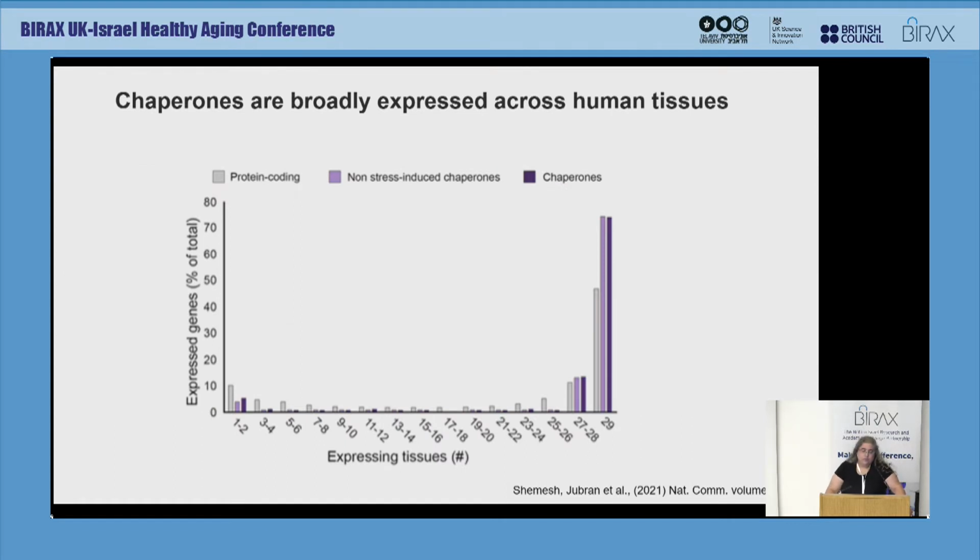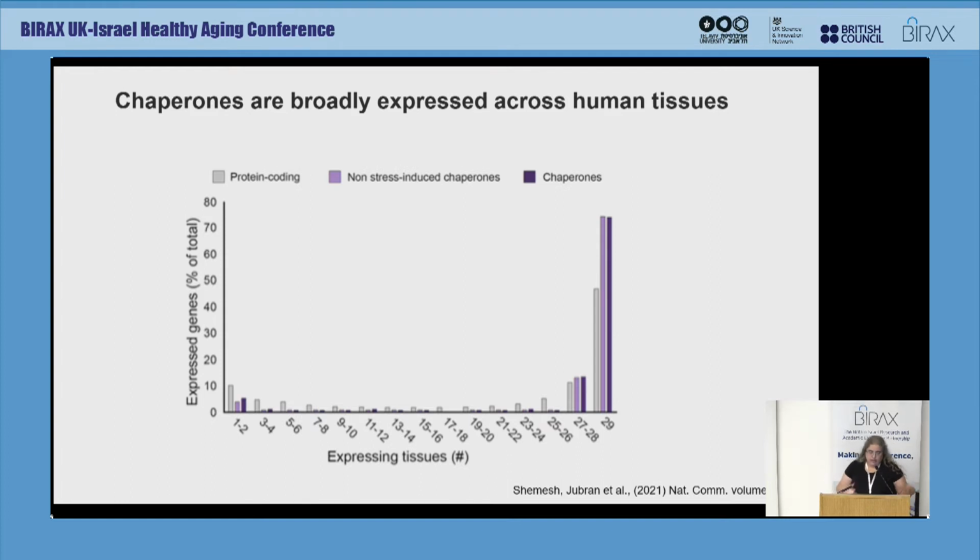So to start with, we asked whether or not the chaperones are expressed in multiple tissues or expressed singularly in specific tissues. And what you can see here is that most chaperones are indeed expressed in most tissues, so they are ubiquitously expressed. And in fact, they're significantly more ubiquitously expressed than most of the protein coding genes.